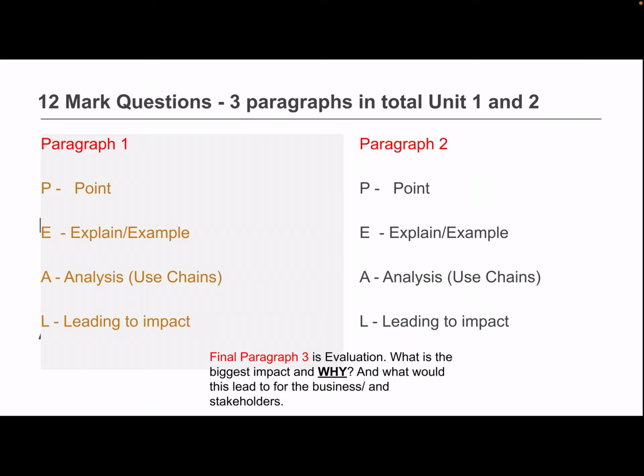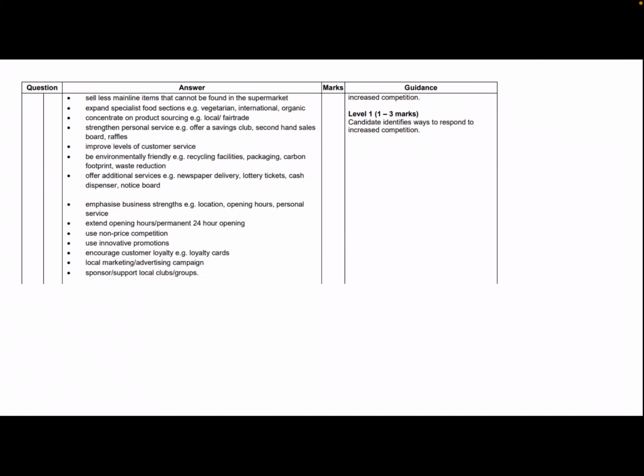We would then do exactly the same for paragraph 2, and then we would write a final conclusion. So the thinking has to be around what this business could do to compete on non-price competition, basically. So I'm just grabbing the mark scheme here.